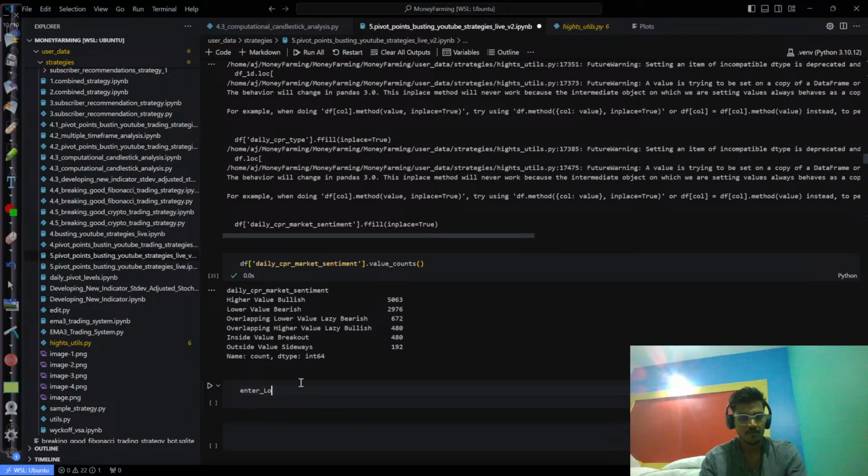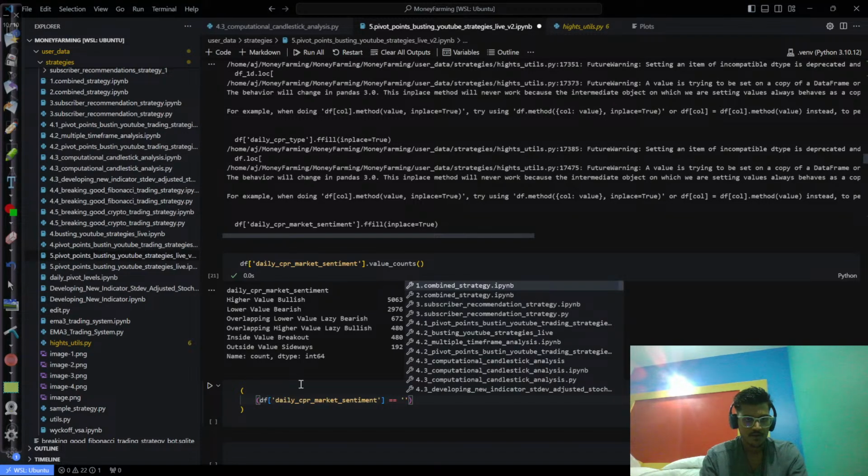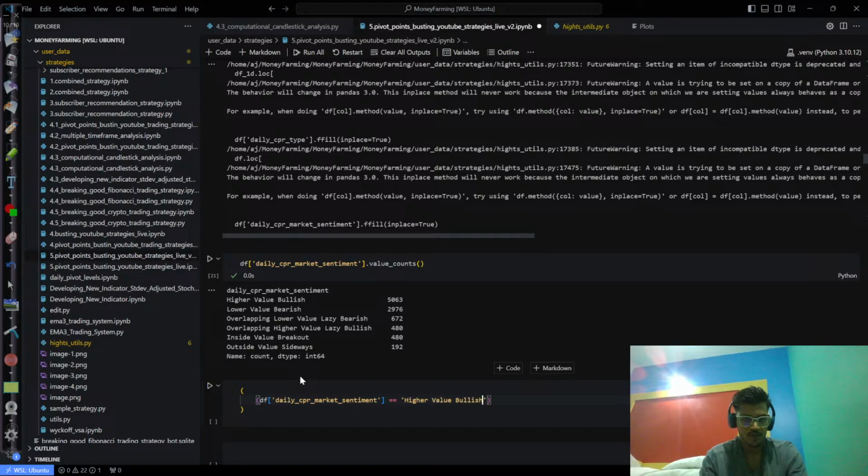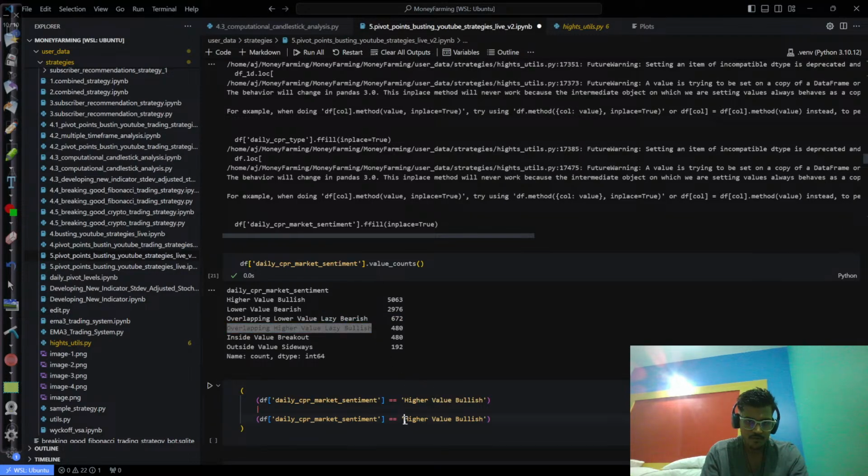Okay, so enter long: daily CPR market sentiment, it's going to be higher value bullish. Here I do the same thing and change it to overlapping higher value. I just need higher value right now, so I'm going to change it there too.